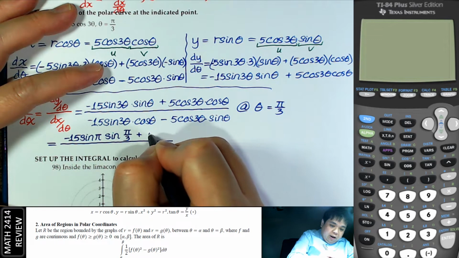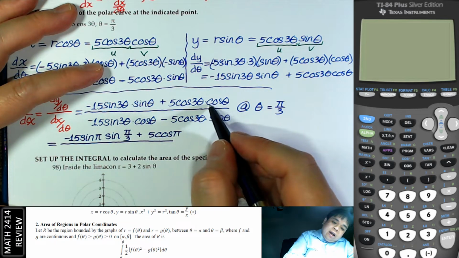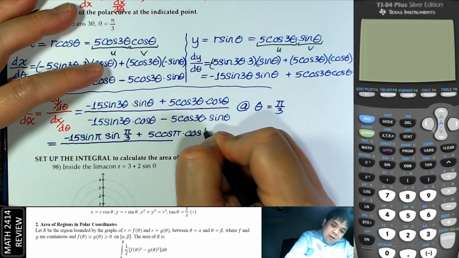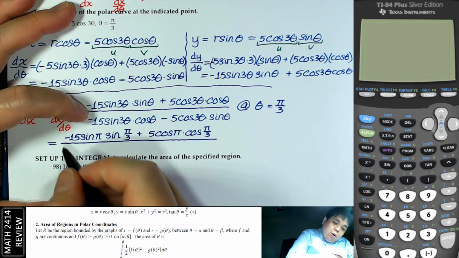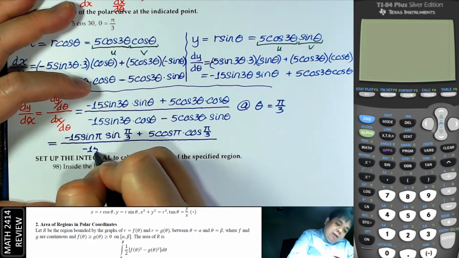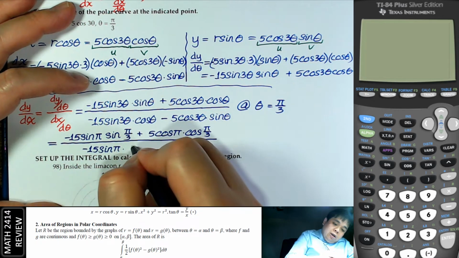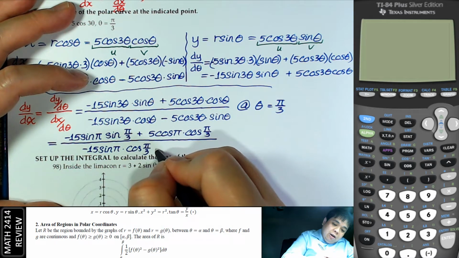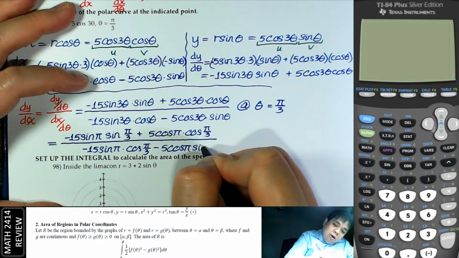And then plus 5 cosine of pi, and cosine here of pi over 3, over negative 15 sine of pi cosine of pi over 3 minus 5 cosine of pi, sine of pi over 3.